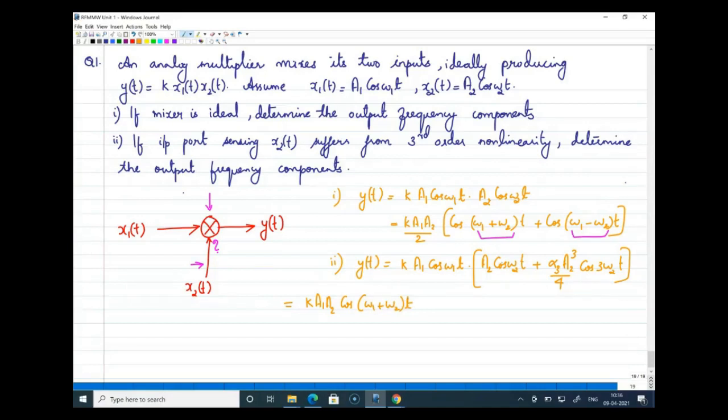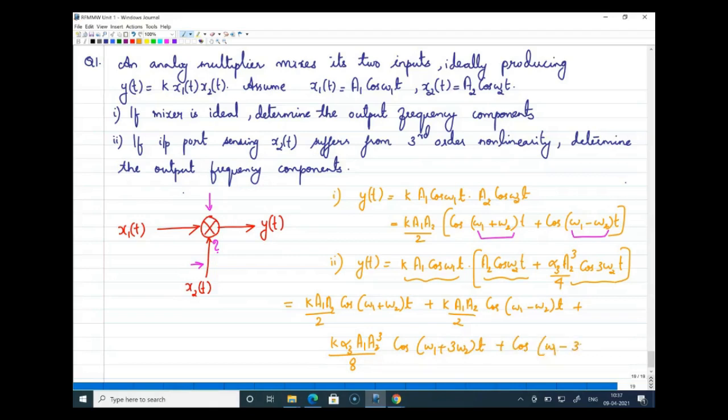I am just considering the product, say, this as a and this as b, and I am writing the first term by 2, plus one more I will get k a1 a2 by 2 cos omega 1 minus omega 2 into t, plus now you have the second term, which is approximately k alpha 3 a1 a2 cube by 8, it will come, right? 8 into cos omega 1 plus 3 omega 2 into t plus cos omega 1 minus 3 omega 2 into t.